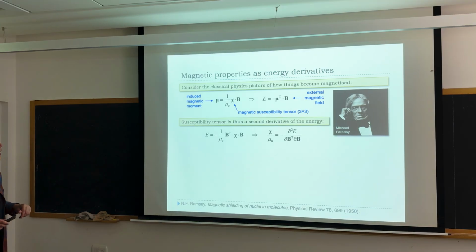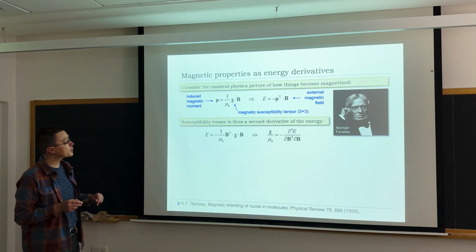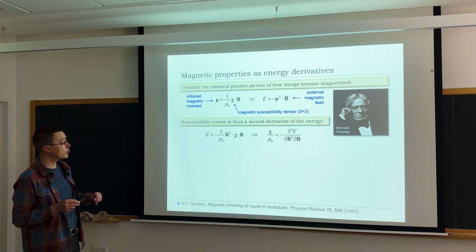And then, if we take this and substitute it into this equation here, we get the extra energy. You can see it's quadratic in the applied magnetic field. And we can differentiate this. If we want the expression for this, we want the second derivative of energy with respect to this field and that field there. This has components x, y, z, that has components x, y, z.